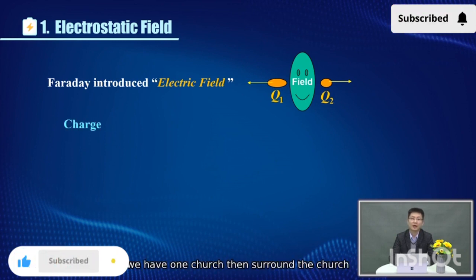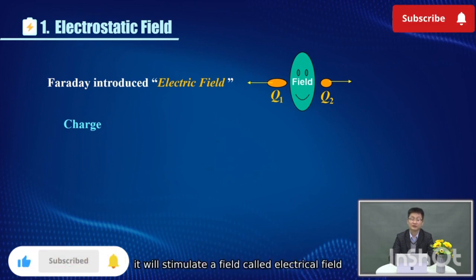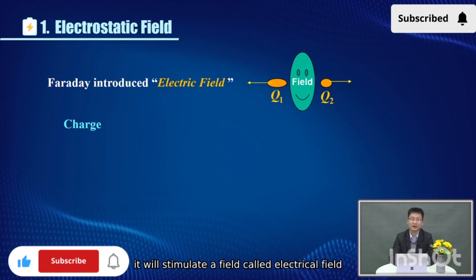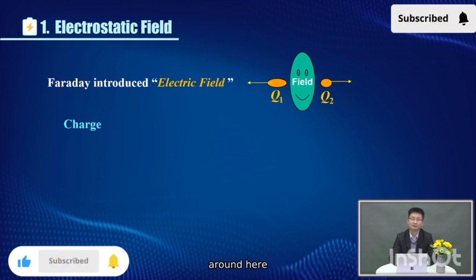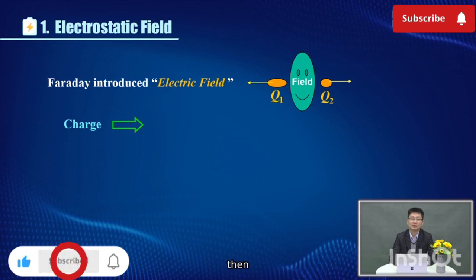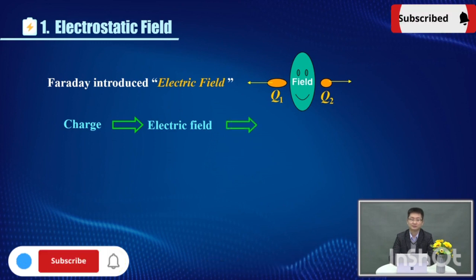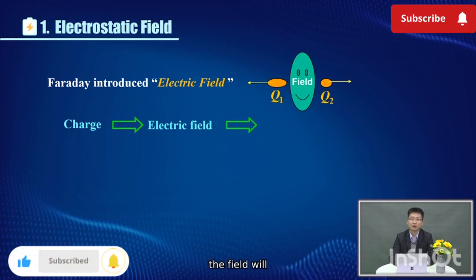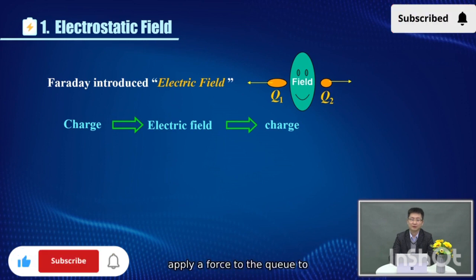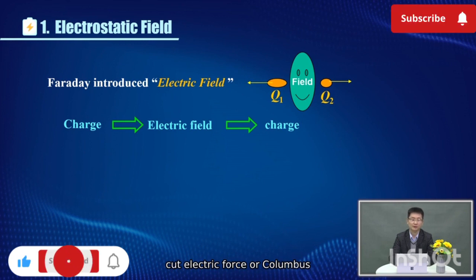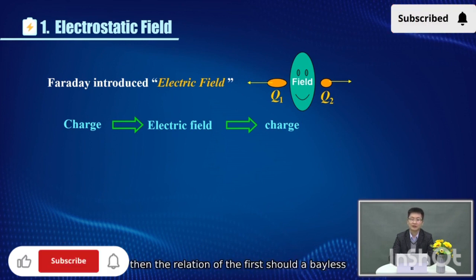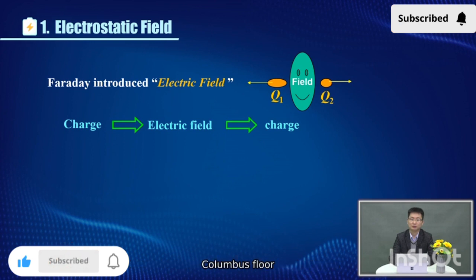First, we have one charge, which stimulates a field around it, called the electric field. Then we put the second charge Q2 inside the field. The field applies a force to Q2, called the electric force or Coulomb force. The force obeys Coulomb's law.